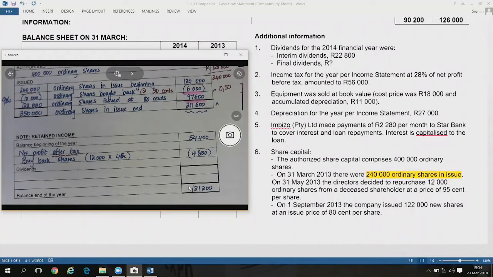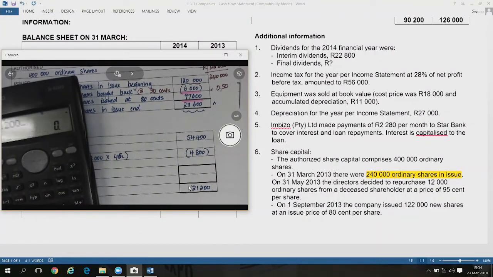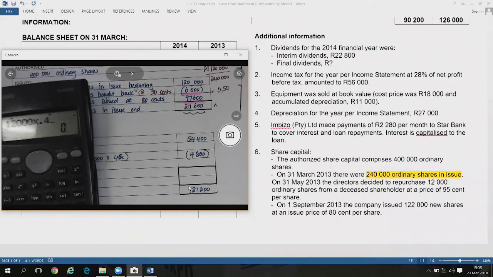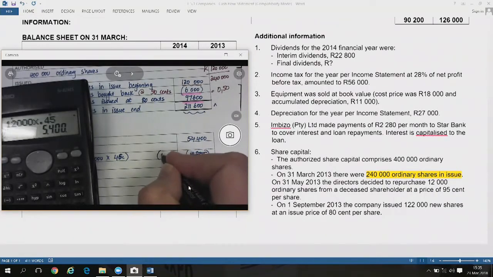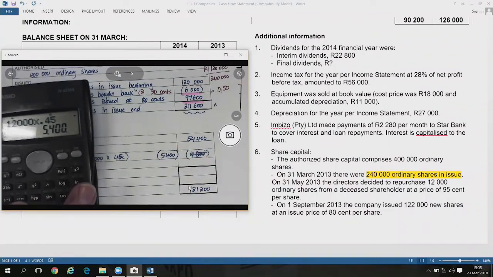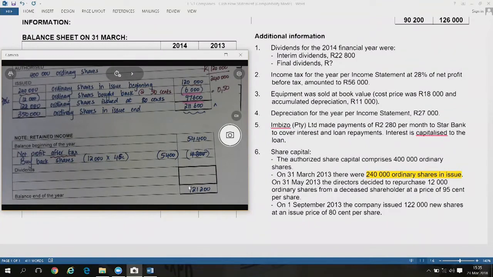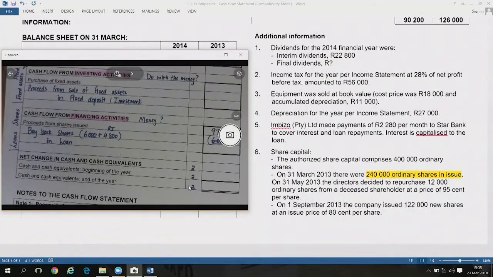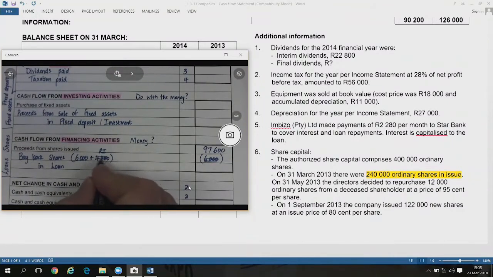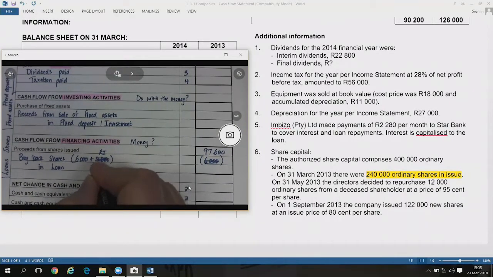And that gives us 12,000 times 45 cents, and that gives us 5,400. Okay, 5,400. I'm back in my cash flow statement. Remember, this is retained income. Now I'm back in my cash flow statement, and that one must be 5,400.